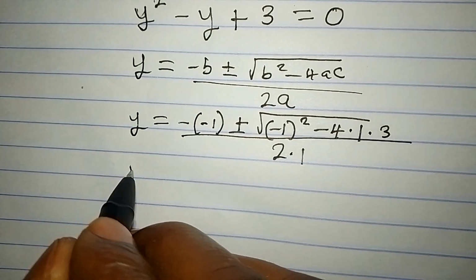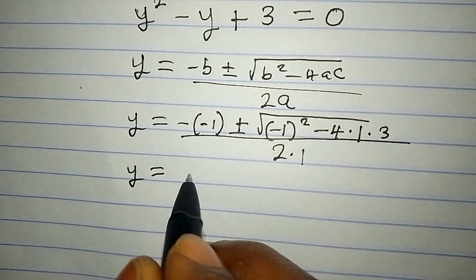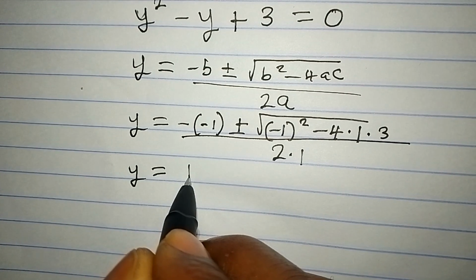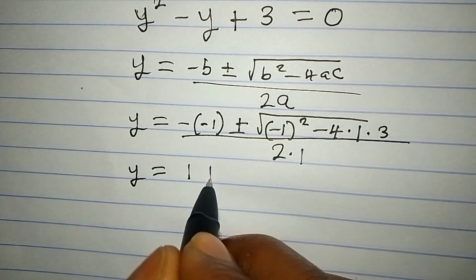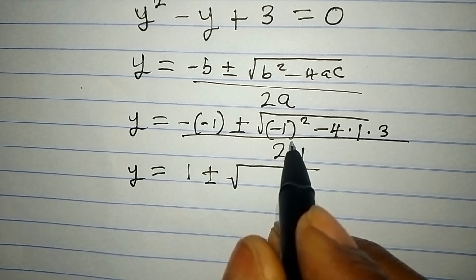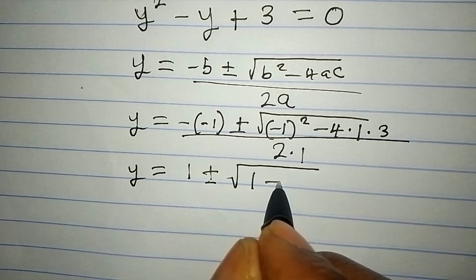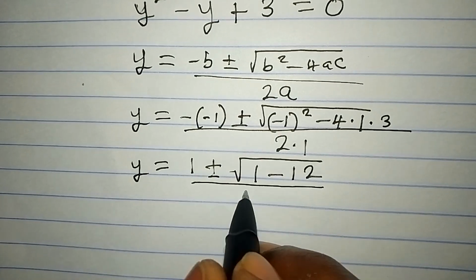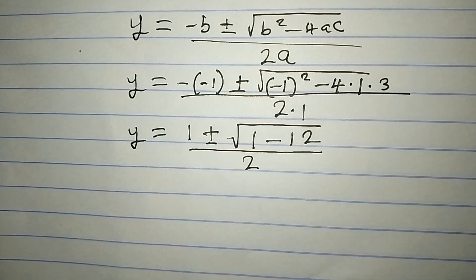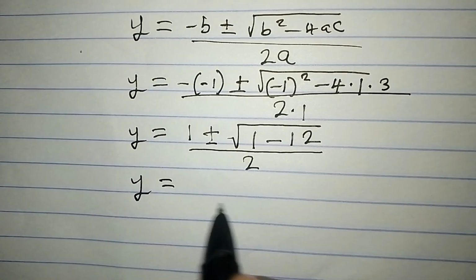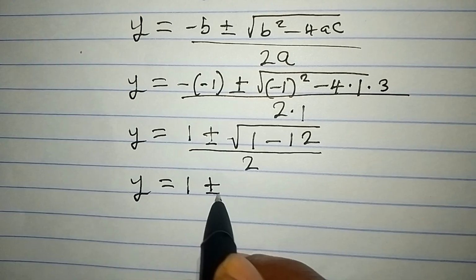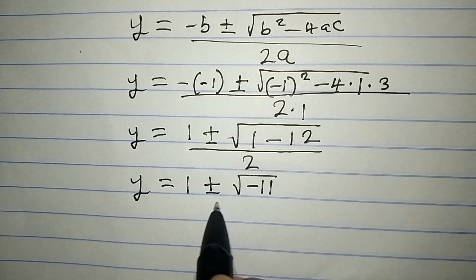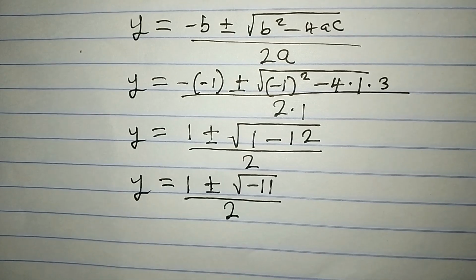Now to continue, y will be equal to 1, because negative will give positive, plus or minus square root of minus 1 squared is 1, then minus 12. This will be over 2. Now let's continue, so that y will be equal to 1 plus or minus square root of negative 11, and the whole of this will be over 2.